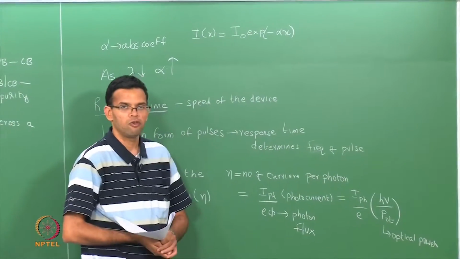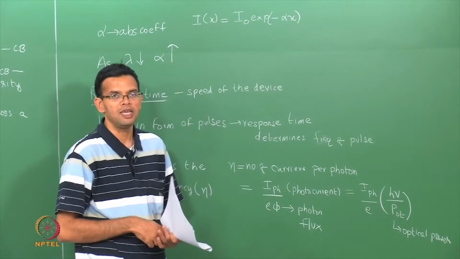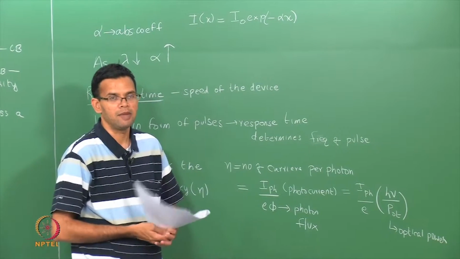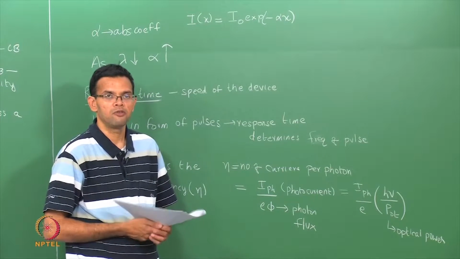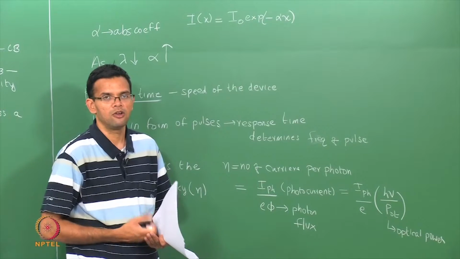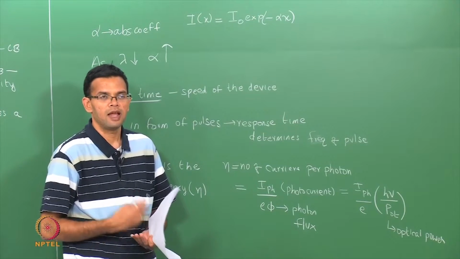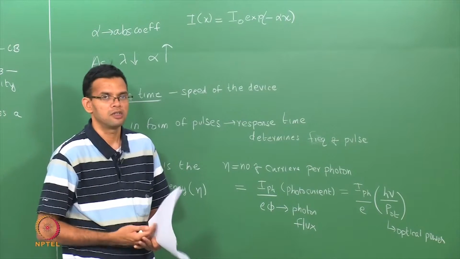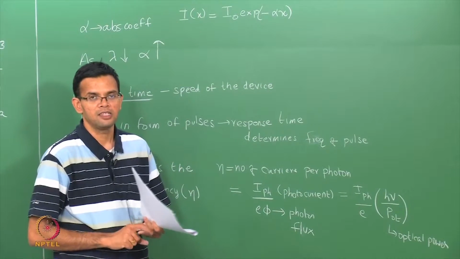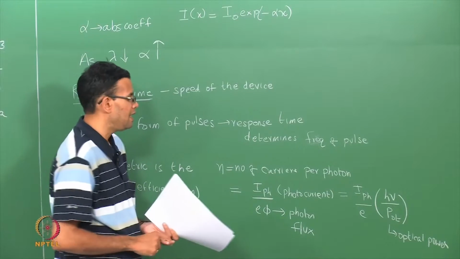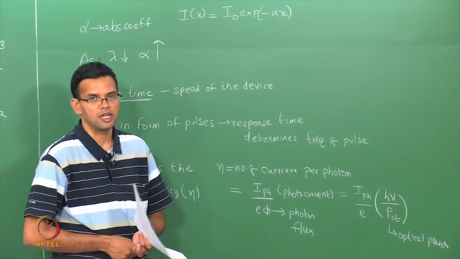In the case of a photodetector, there could also be an internal gain mechanism, so that even though we have a certain number of photons that are incident on your device, the number of electron hole pairs is larger. So, we have both a gain and a response time that basically characterizes your photodetector.